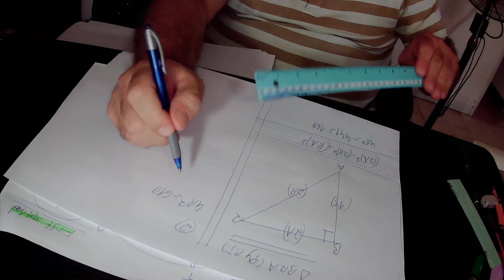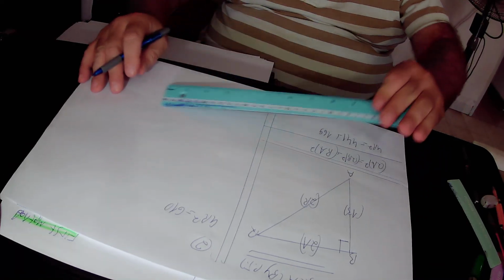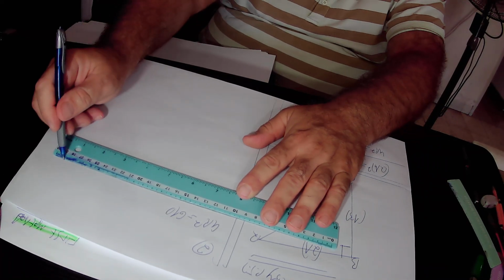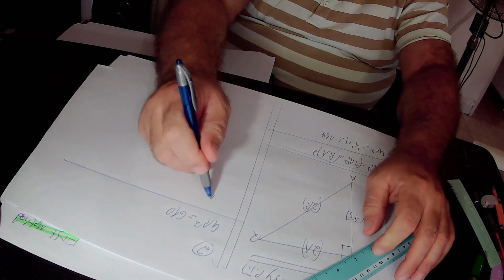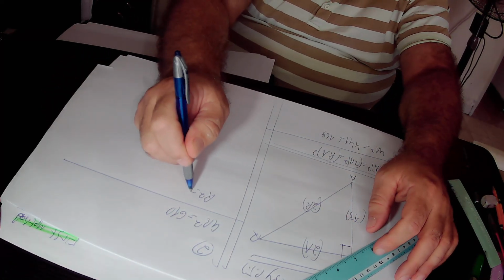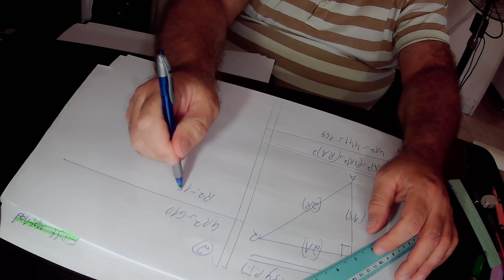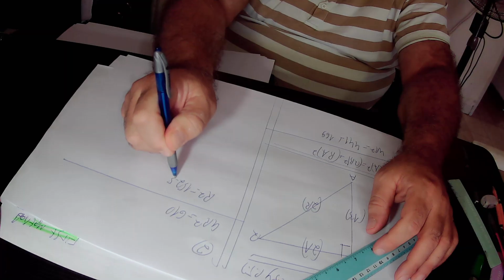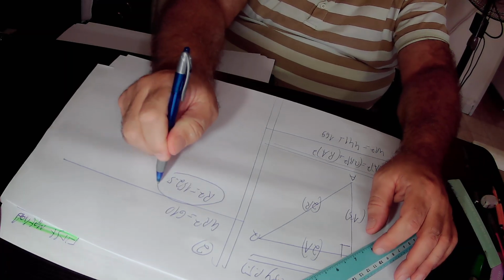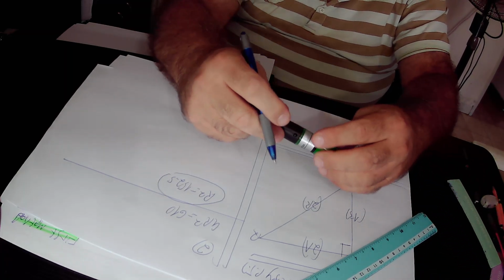So 4r squared equals 610. Here we divide this equation by 4 and find that r squared equals 610 over 4, which is 152.5. So we found that r squared equals 152.5.